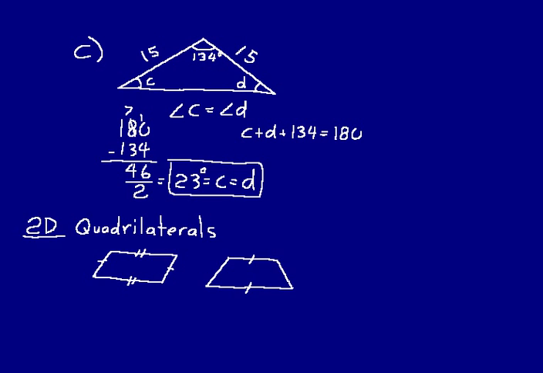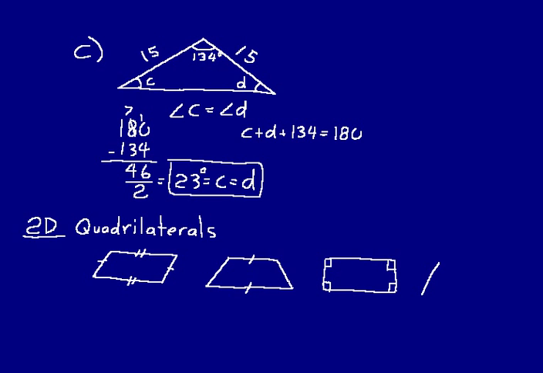A rectangle is like a parallelogram in that it has two pairs of parallel sides. The difference between it and just a regular parallelogram is that all of the angles inside are right angles. Another one is a rhombus.